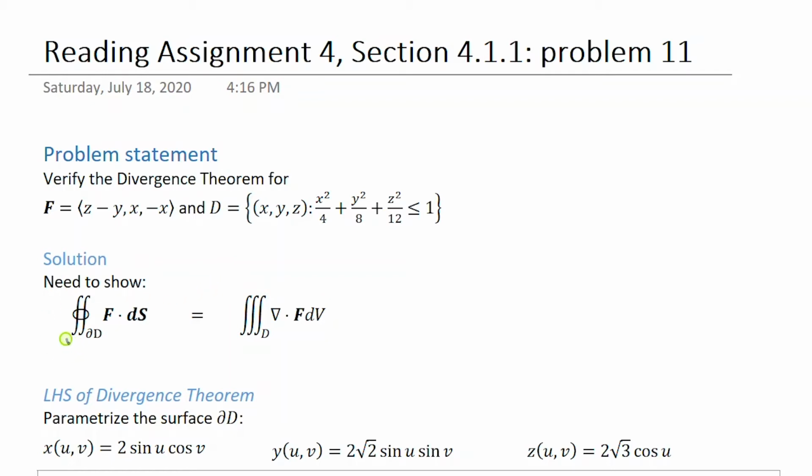On the left-hand side, we have the flux of the vector field through the boundary of the region D. The boundary of the region D means that instead of less than or equal, we have just the equality here.